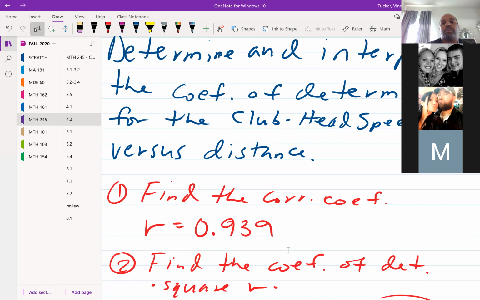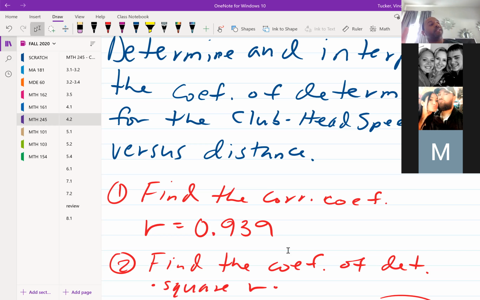Determine and interpret the coefficient of determination for the club head speed versus the distance. All right, I'll give you a chance to copy it. This was taking the data from that last chart that I was telling you about.